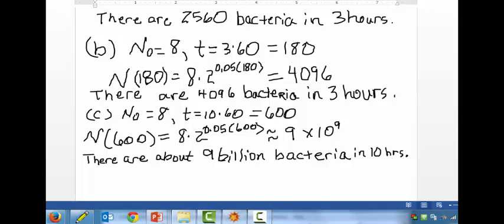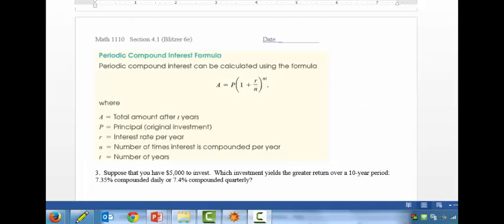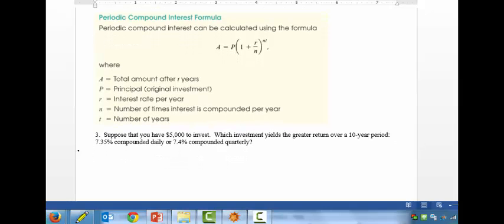Let's look at one last application, where we are looking at our periodic compound interest formula. So this is an example of an exponential function. P is my original investment, R is my interest rate, N is how many times the interest is compounded per year, and A is the amount accumulated, or the total amount after T years.